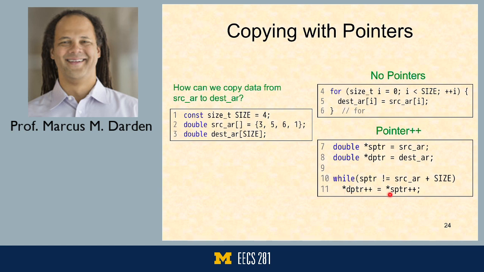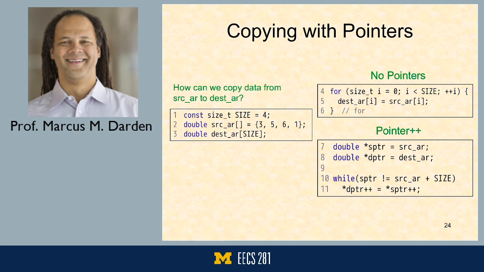That says go to the source pointer, get the thing there, write the thing here, and then when we get done, we're going to move both of those pointers. That's what the plus plus is. So now the source pointer moves to the next data item, the destination pointer moves to the next empty space. And that's how my copy happens.